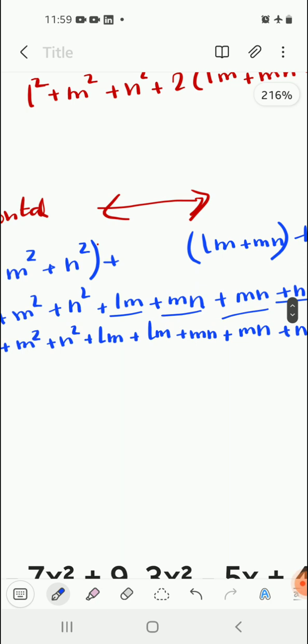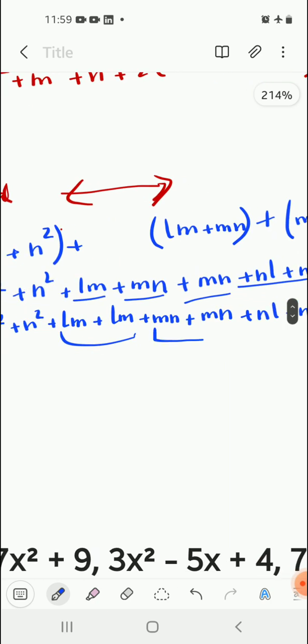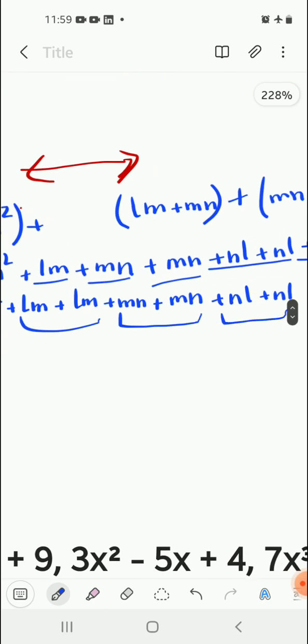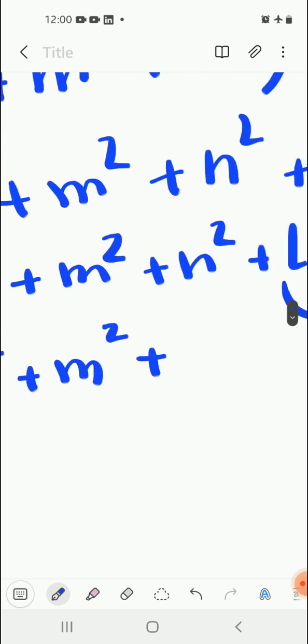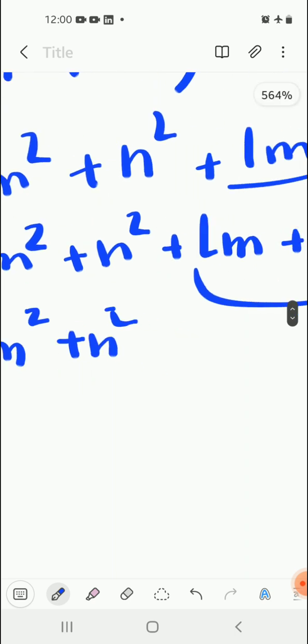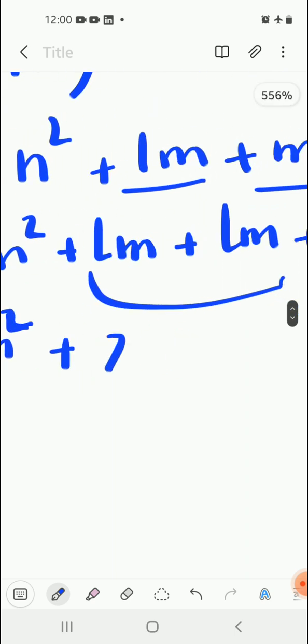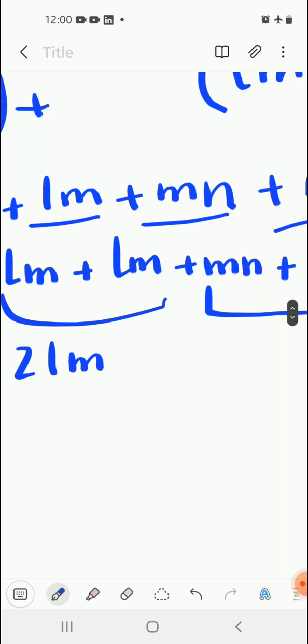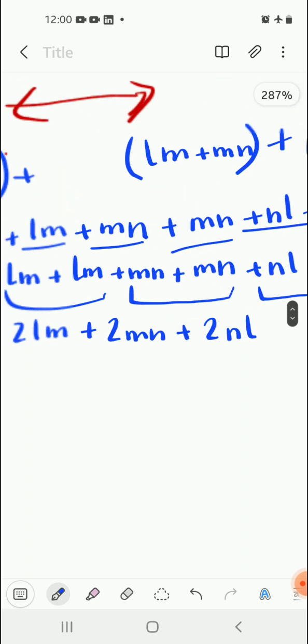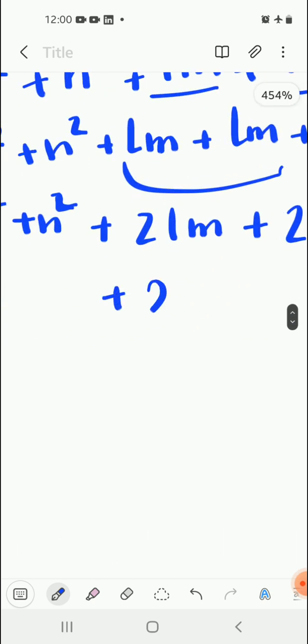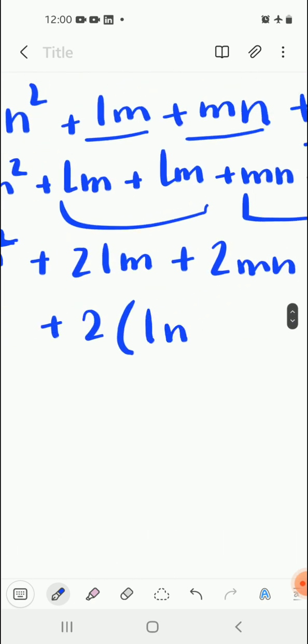Now again we have got here 2Lm, 2Mn and 2Nl. So what we can do is L square plus M square plus N square plus 2Lm, adding these 2Lm, 2Mn, adding these 2Mn and 2Nl, adding these 2Nl. And we're going to take 2 common from each and put the rest in the bracket.